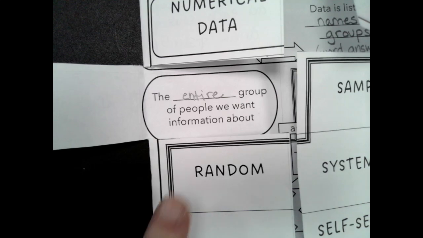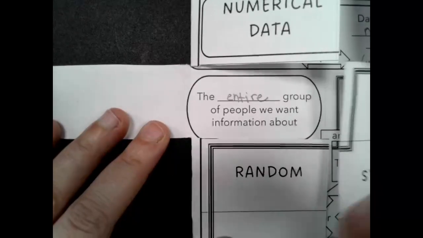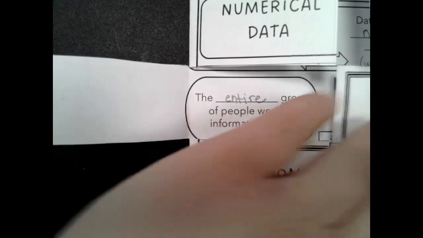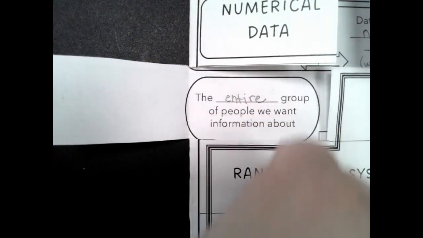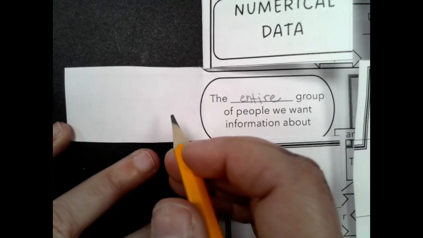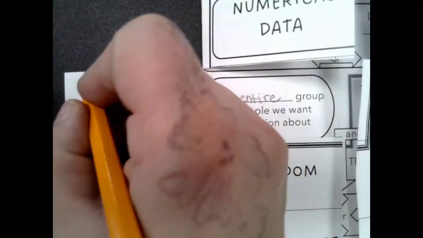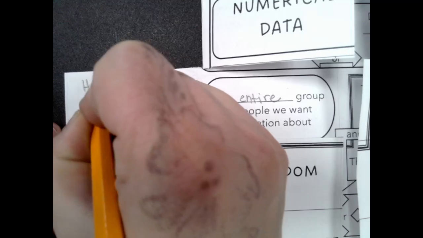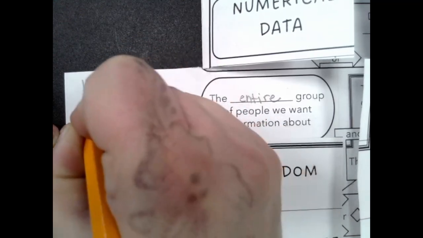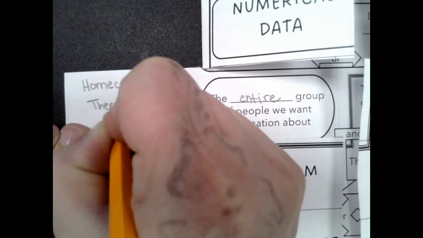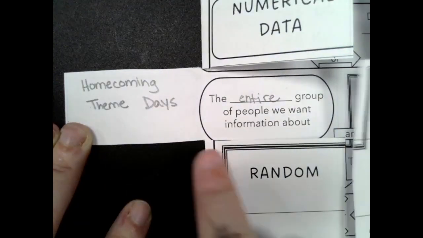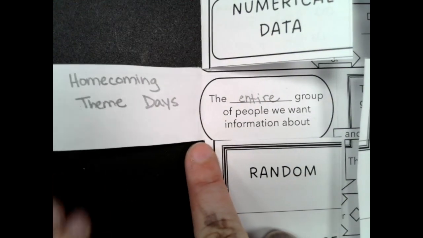Okay, so for this one, it's going to be a little bit different. We're going to think like ASU. If you want to join ASU, there's a meeting today during Equal Time for you to get more information about that so you can run. Okay, but we're going to say that ASU is deciding on homecoming themes, theme days. They want to know what kind of themes they should do. So they're going to ask students, who are they trying to make a decision about?